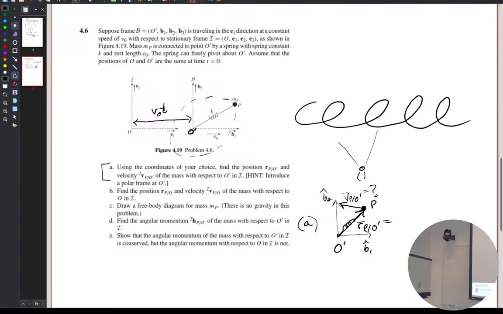We could do that if you were trying to break it into B1 and B2 elements. The first step is thinking about what the coordinates are. We're being asked how you describe the geometry of motion. One thing to think about is how many degrees of freedom I have. What am I trying to describe here?